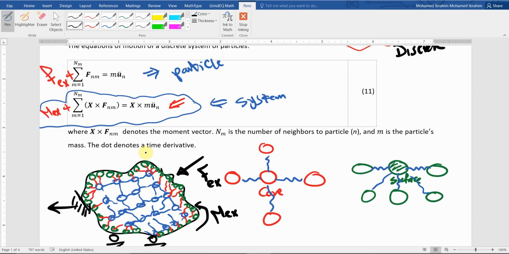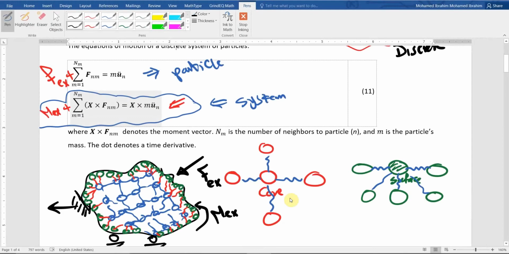So the integration can be approximated like the summation of a function over different points. Here we are already summing because we can count, but here we cannot count how much, so we have to replace the summation with integration. If we do so, we can derive the equations of the continuum from the equations of the mechanics of particles or the discrete system of particles, and this is what we are going to do.